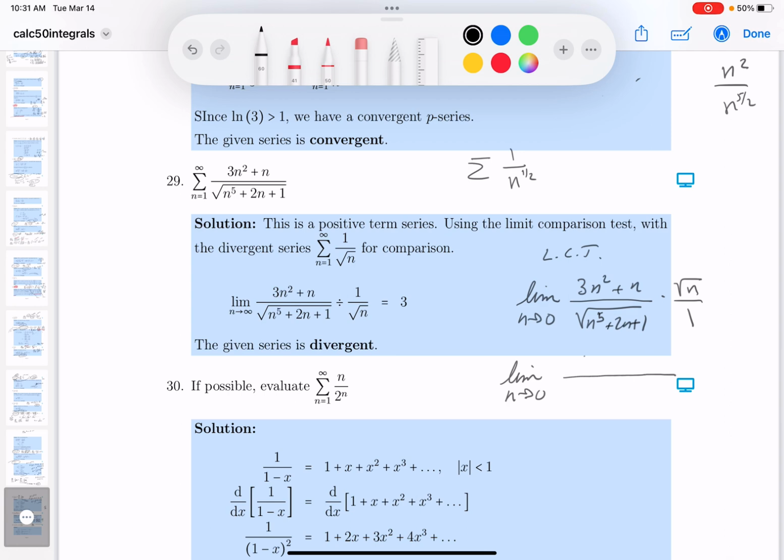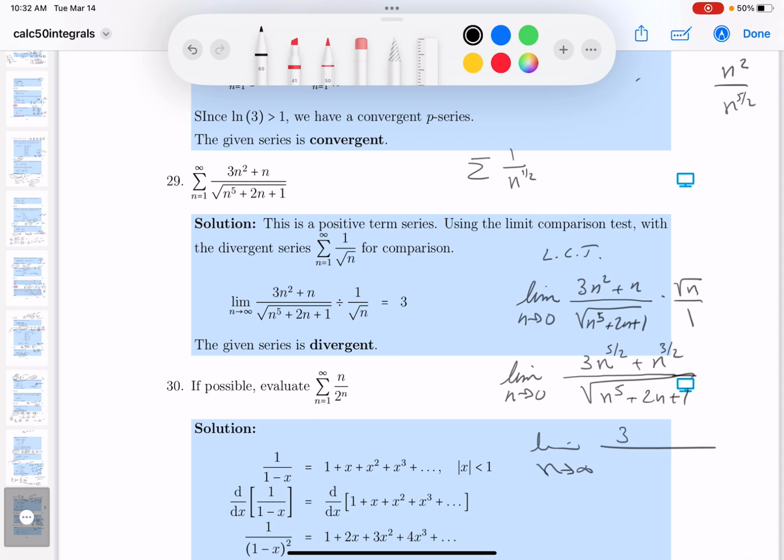And I'm going to say 3, let's see, root n, and then that's going to be what? It's going to be n, that's going to be 5/2 plus n. Well, that's 2/2 and 1, 3/2. And on bottom, what do you get? n^5 plus 2n plus 1. I'm going to divide top and bottom by the highest degree variable, which is n to the 5/2.